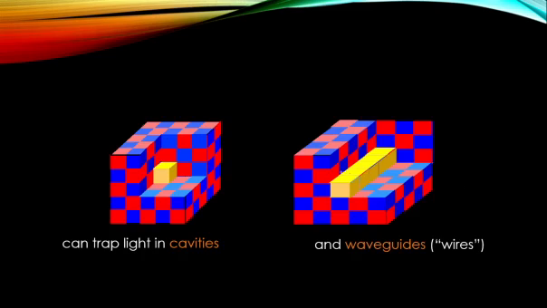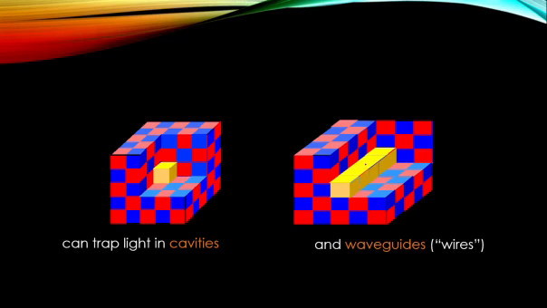So there is a depiction of a cavity as well as a waveguide here. You can see the light getting trapped inside a small cavity, which is due to the point defect, while you have a line defect where a line of spheres or rods has been removed, which acts as a waveguide.